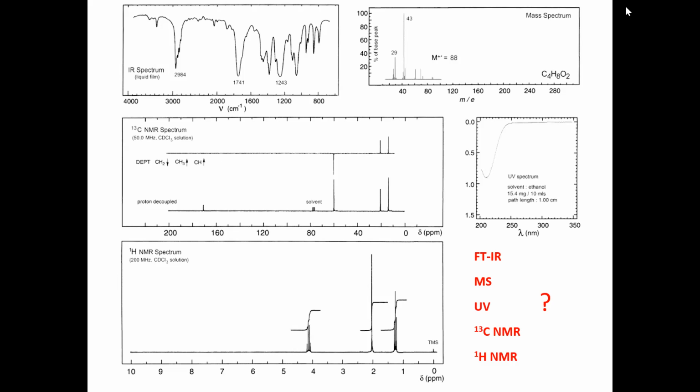You have 1240, which, if you remember from the tables, or if you check the tables, normally is a carbon single bond oxygen, but it could also be carbon double bond oxygen. But the stretching of the sigma bond, and each carbonyl also has a sigma bond, is around that area. So if I'm highlighting these numbers, there is a huge chance that you have to comment on all of them. So please try to comment on all the numbers that I'm highlighting.